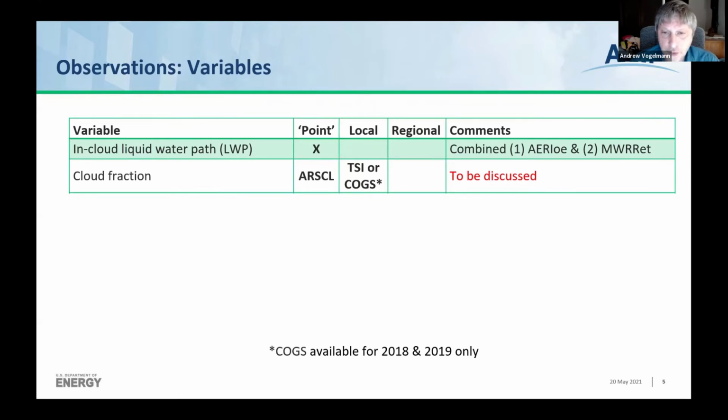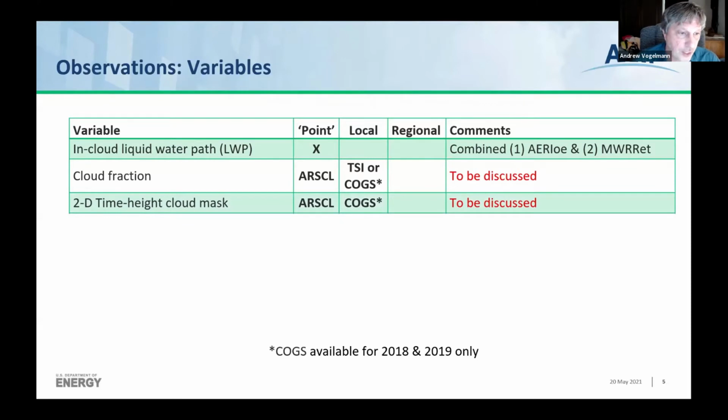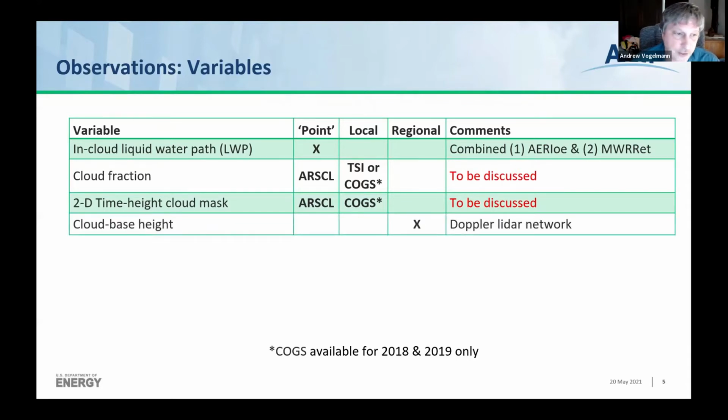Since there are 3 different choices there, on the next slide I'll discuss some of the ins and outs of choosing the appropriate observation. Next, the 2D time-height cloud mask. Again, you can get this from RSCL by doing a time averaging of the fields, or from COGS. Since there are 2, the differences will be discussed next.